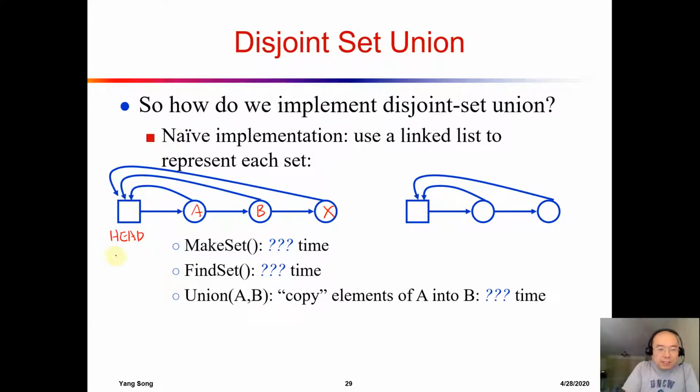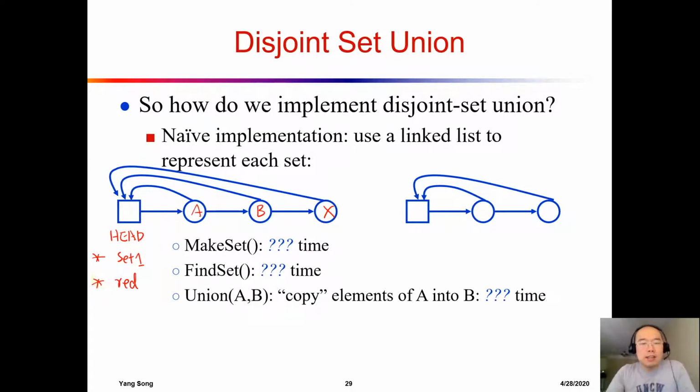For example, we can say this is set 1, or we can say this is the red set. It doesn't matter. If we have B, for example, and I want to do a find set, I take this back reference to the head, and in the head we have either set 1, which is the name, or a color, which is red.